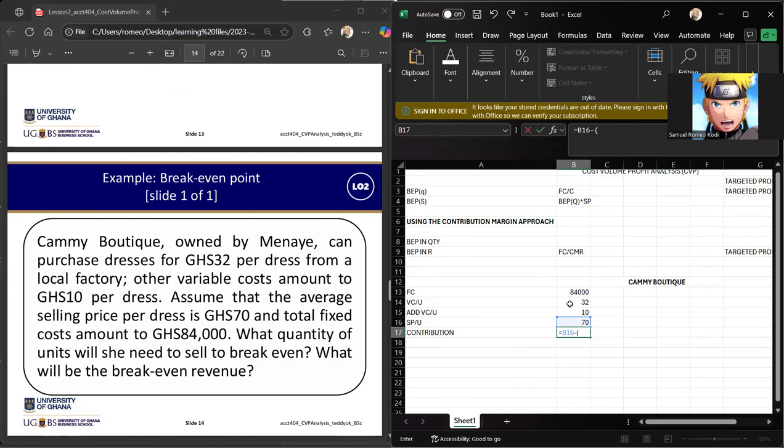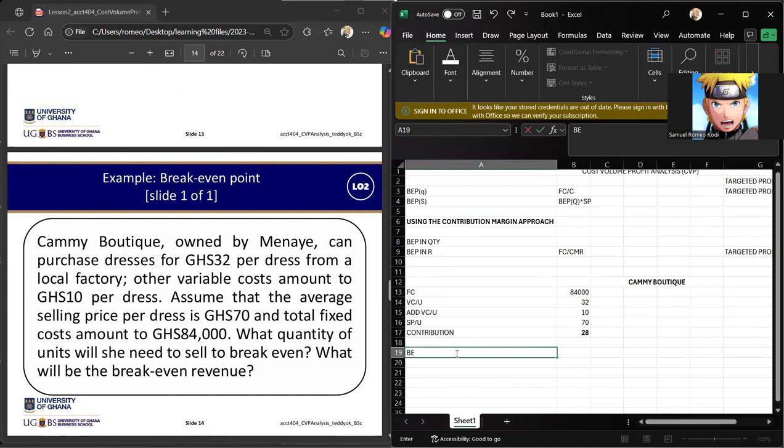But remember, the variable cost per unit was 32 cedis, and an additional 10 cedis was there. So we just have to add both of them and take it out. So that's 28. That's our contribution.